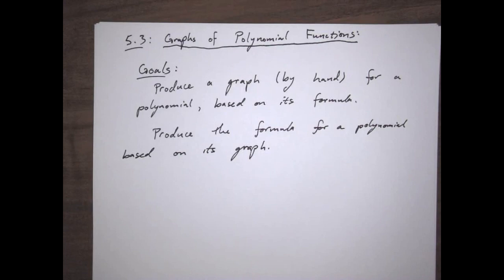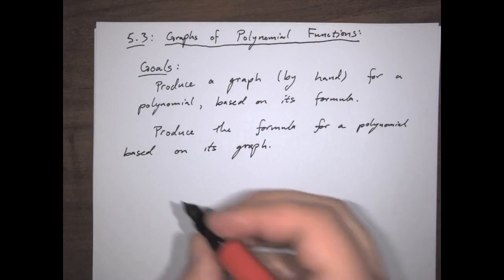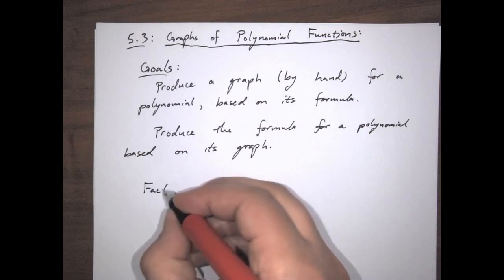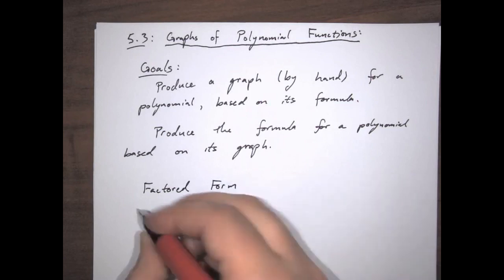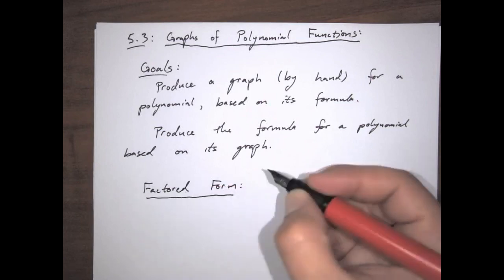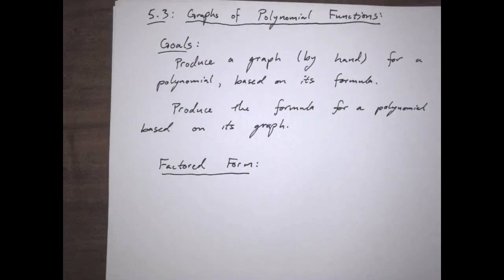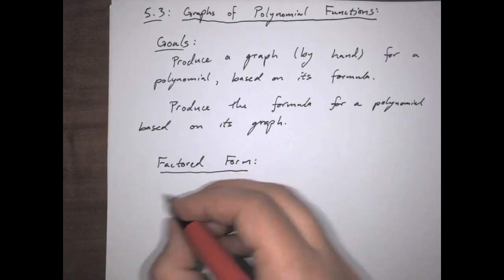Now, one of the most important things that we're going to have to do here is produce polynomials in what is called factored form. The idea here is if you have a polynomial and it is given to you as a bunch of terms, you will need to put it into the form that is factored as much as possible.